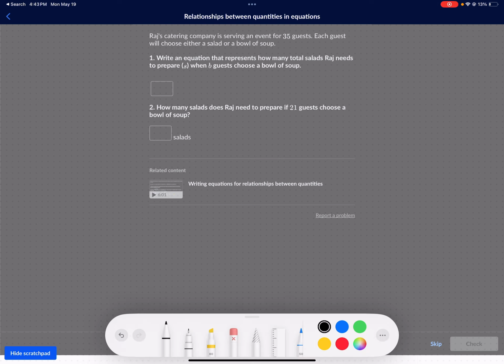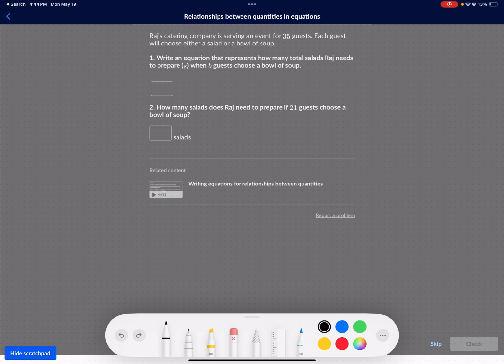Okay, so we have how many total salads? So that's S. And we want a bowl of soup. So we have 35 guests here.